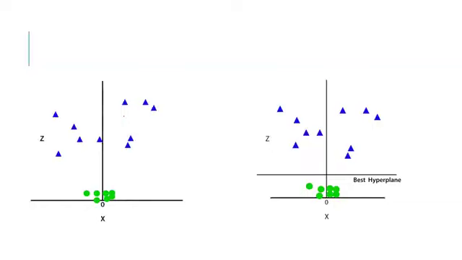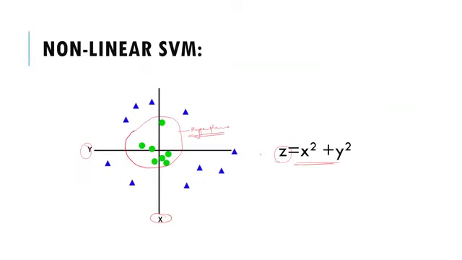This is the beauty of feature engineering and transformation. Earlier when the data was plotted between X and Y, it was not linearly separable. Now it is linearly separable. Now you can have a line like this, which can easily segregate these two classes. That is known as the best hyperplane, right? What is this transformation known as? This transformation is known as radial basis function, RBF, because radial means circular, right?